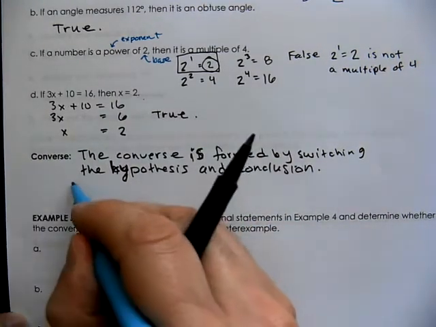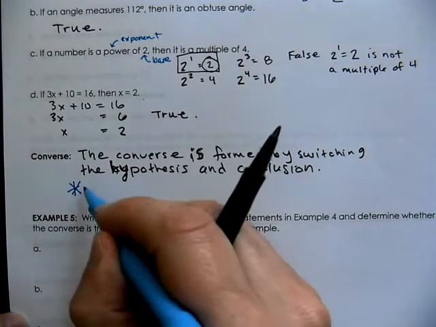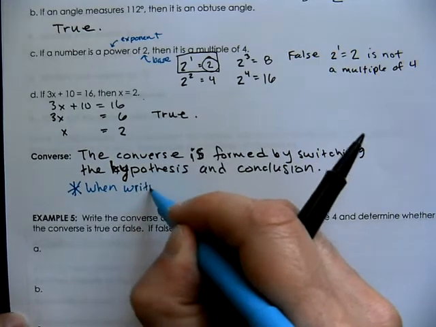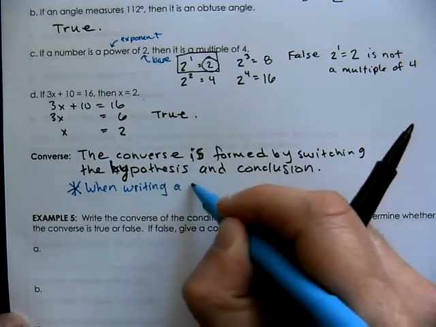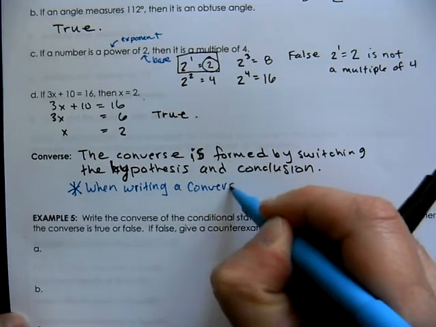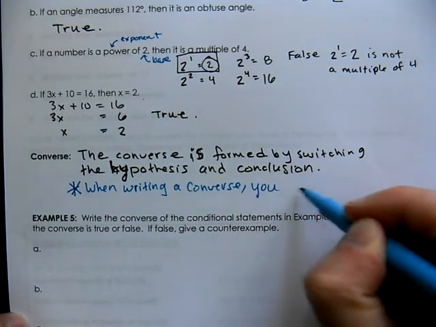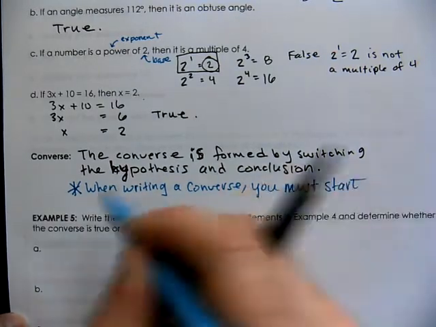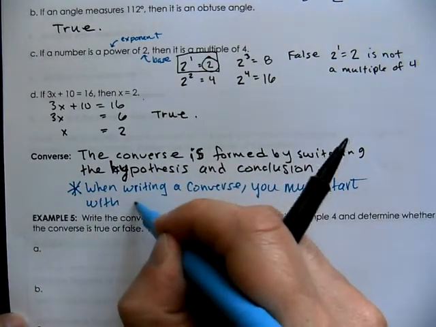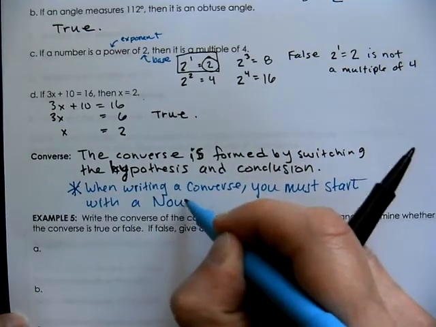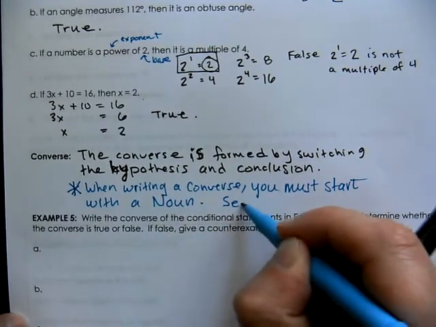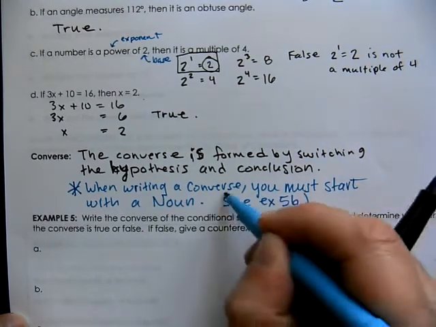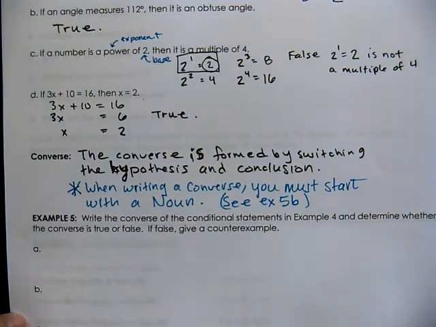Now, very important here, we'll see an example of this in just a moment. When we are writing the converse, you must start your sentence with a noun. And specifically, we will see in the example below, example 5b, where this is really made clear.